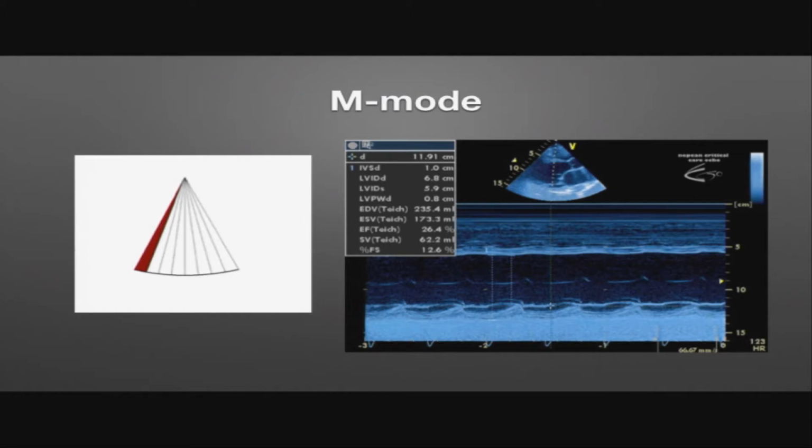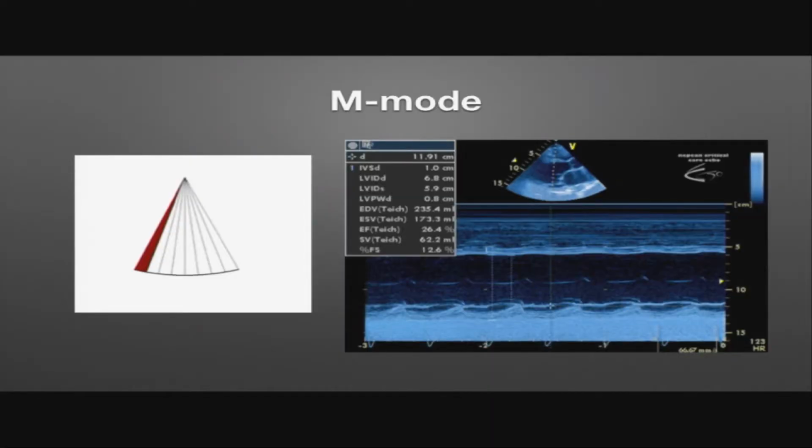With something like an M mode image, we just look at one line on that sector, and we send out just one line of ultrasound energy that goes up and down that area. And obviously with a B mode image, if you're sending out multiple lines, 128 lines for example, across a whole sector, you have to pick up all those different lines before you can move back to the beginning. So you have frame rates somewhere in the region of 30 to 50 frames a second. Or 30 to 100 frames a second.